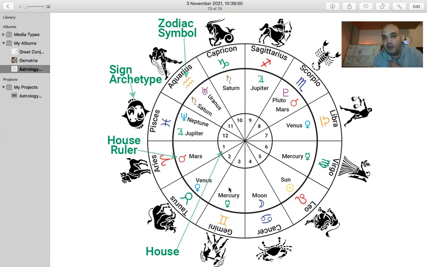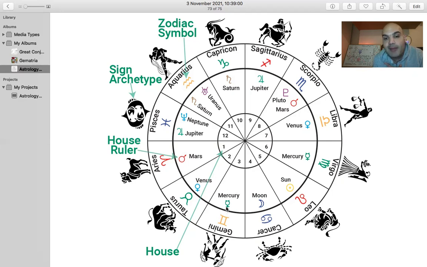Like for example, in my chart, I have a weak Mercury. My Mercury is in the sign of Sagittarius, and it rules Gemini.